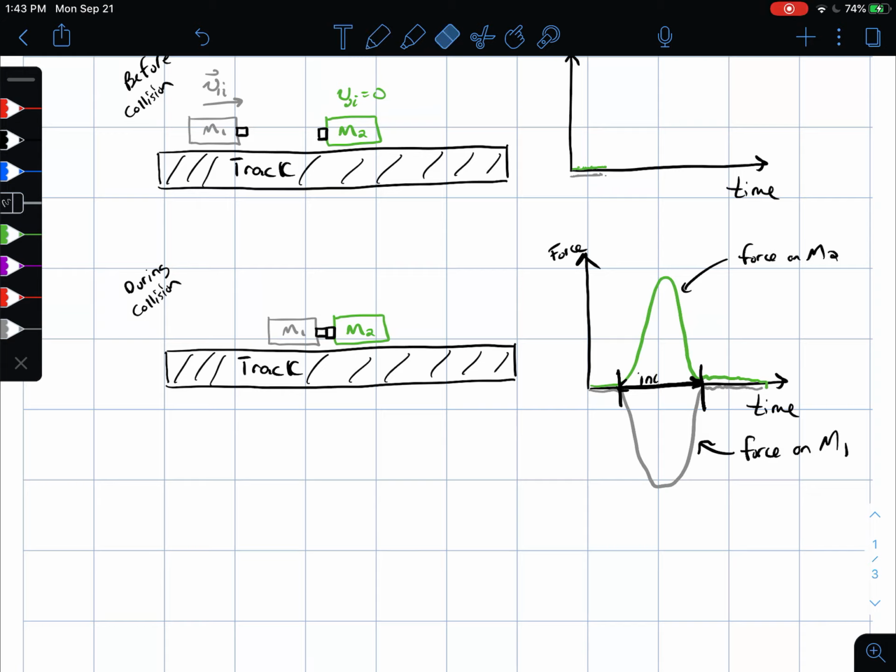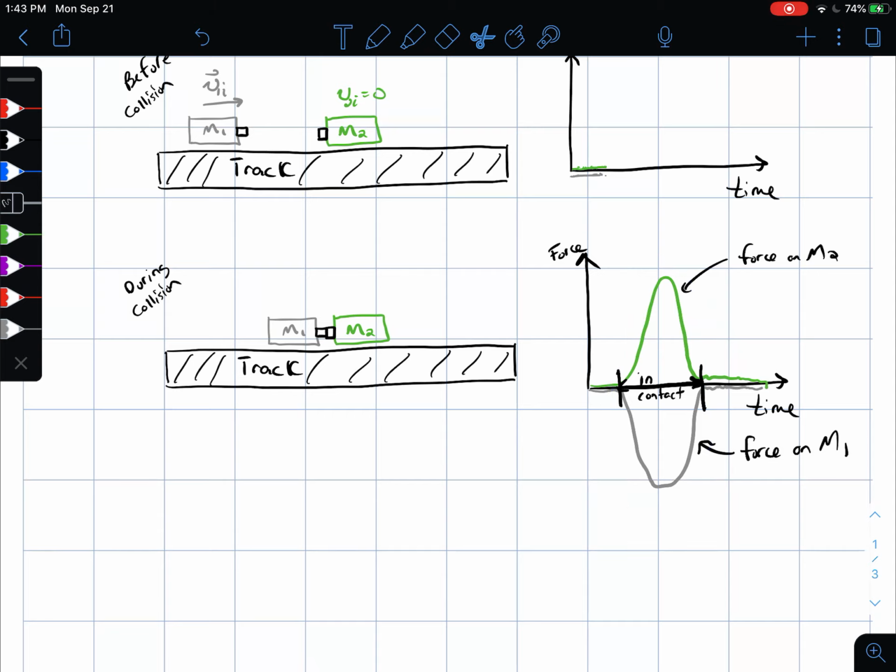Over here was before and after they were touching, so it was basically zero because they were no longer touching. There was some interesting ringing that was an artifact of the experimental setup. What we're interested in are the times when it was in contact, these big up and down humps.